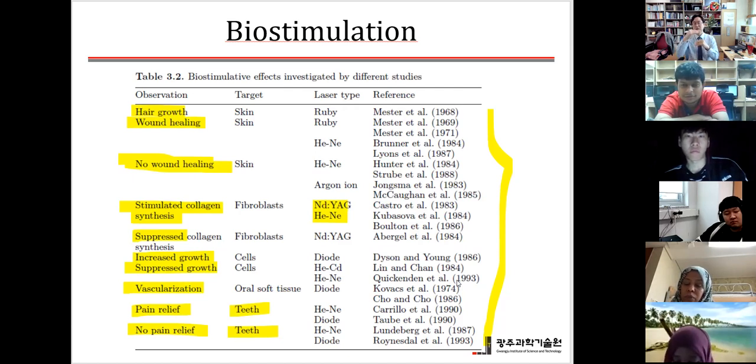But if you are giving higher than this threshold, then it suppresses the effects. So that is so far known as the reason for why some cause a benefit, but some cause a disadvantage.